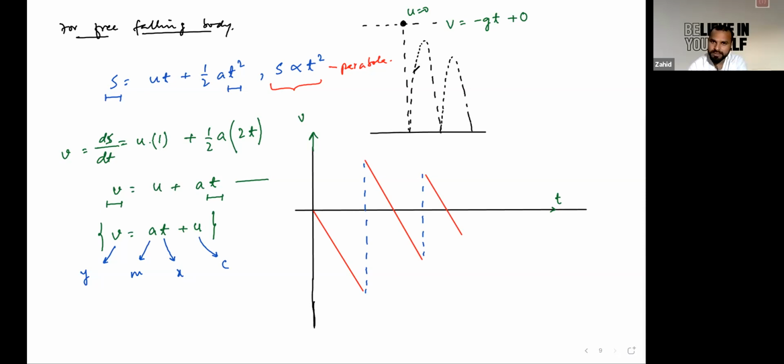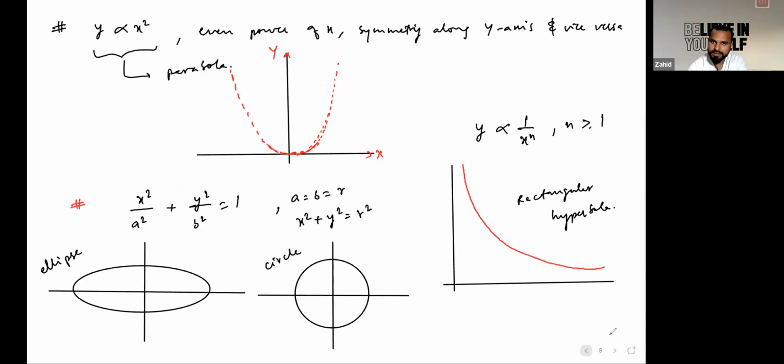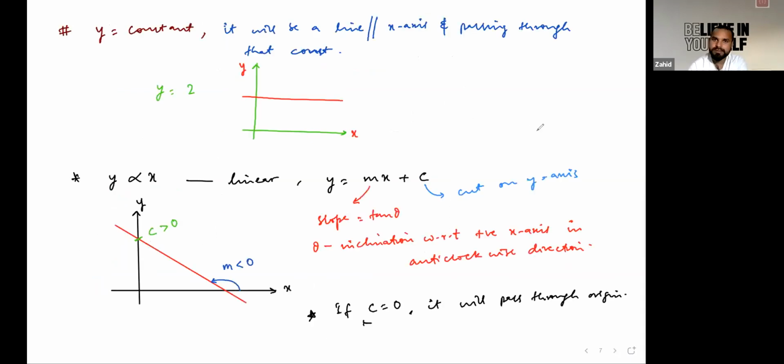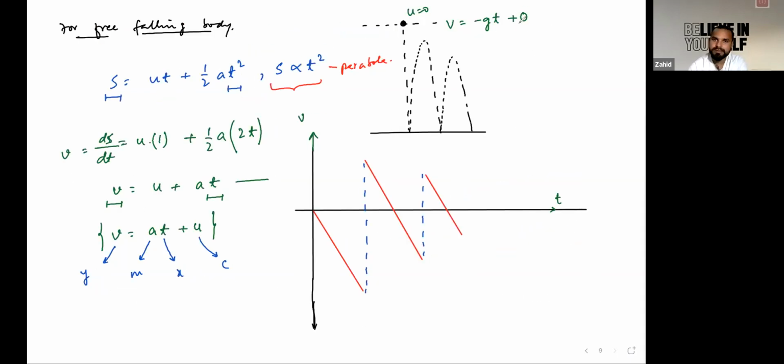Since in this equation there is no constant term, if the constant term is 0, it will always pass through the origin. So in this equation as well, we have a 0 constant term, so it will pass through the origin, and having negative slope, it must incline with respect to the x-axis along the negative side.